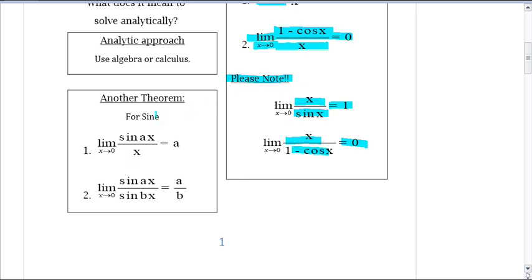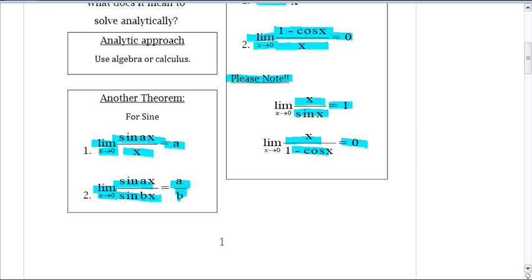Okay, the theorem is basically this: if I have the limit as x approaches 0 of sine ax over x, I just get a. So if you have a value there like sine 5x over x, you would just get 5. And the same thing for number 2: the limit as x approaches 0 of sine ax over sine bx is just equal to a over b.